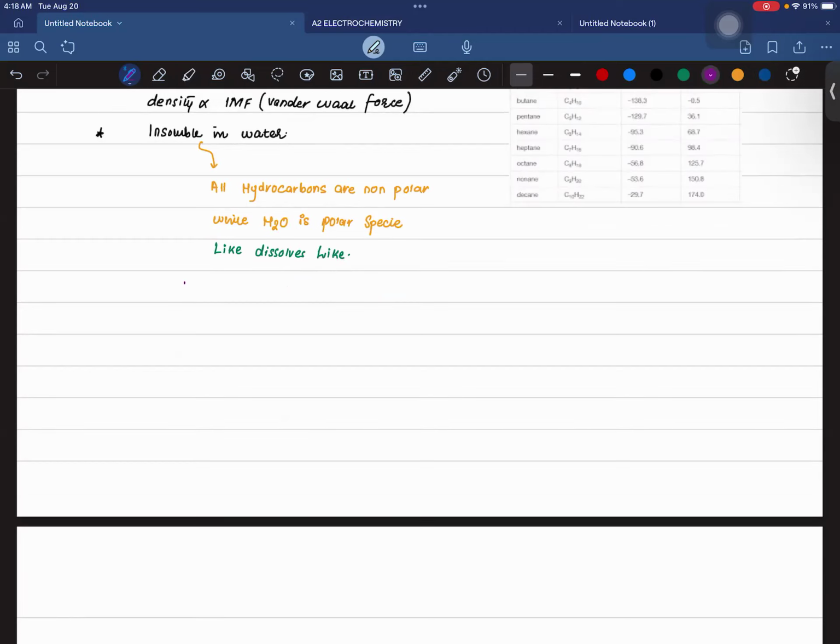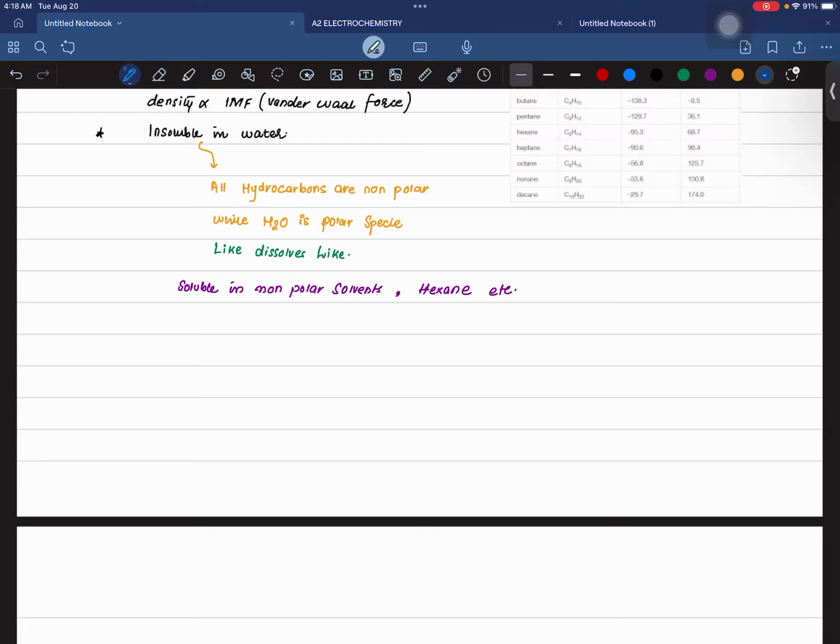So they are soluble in non-polar solvents such as hexane; we have other non-polar solvents as well.